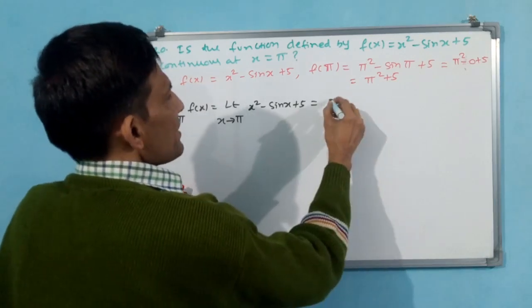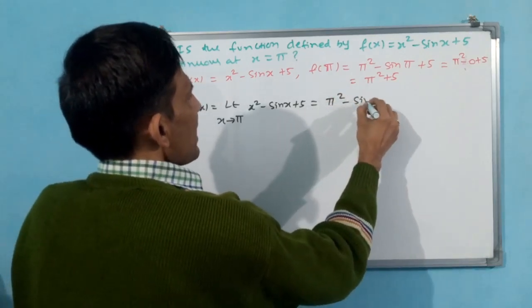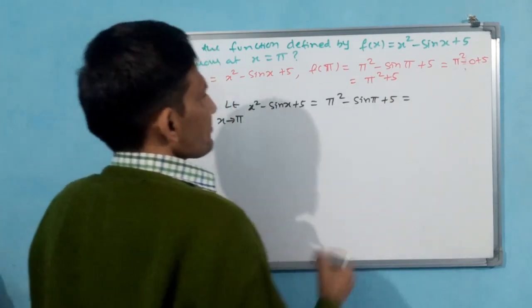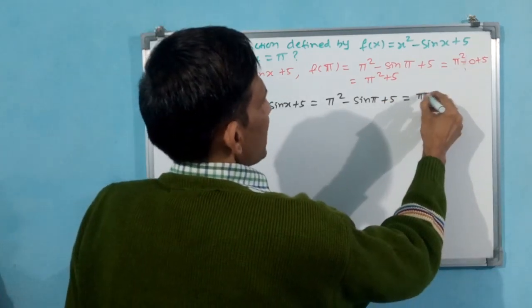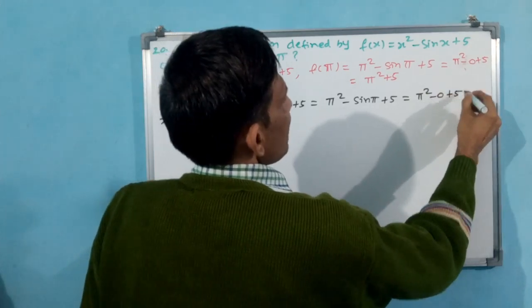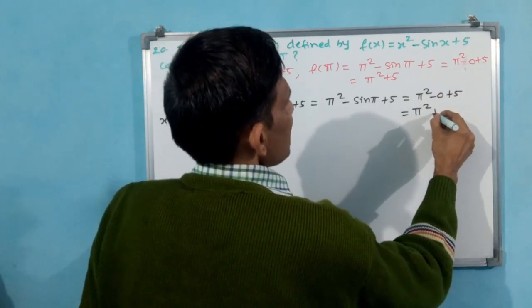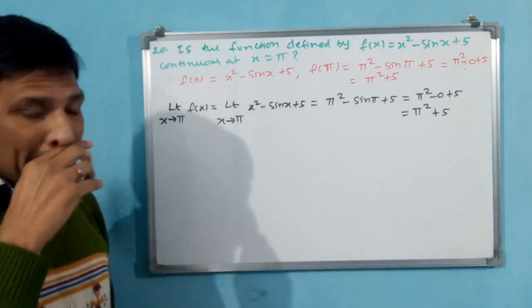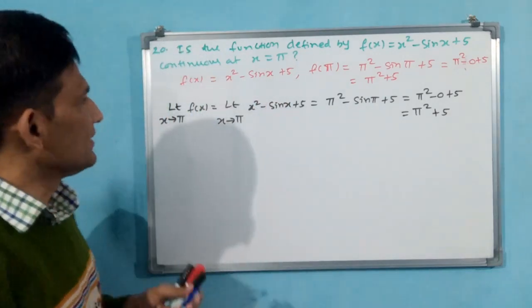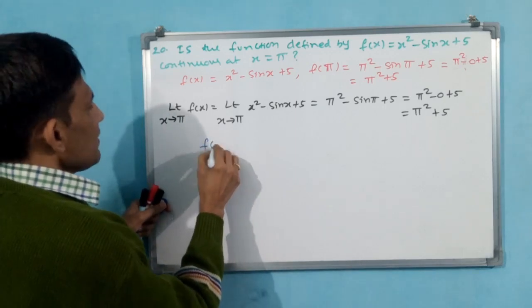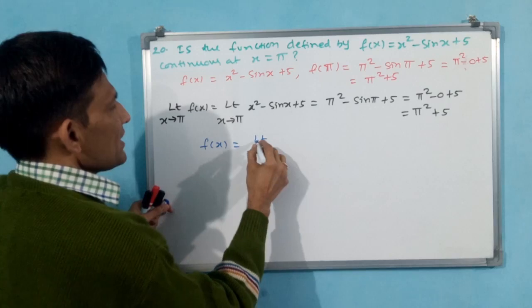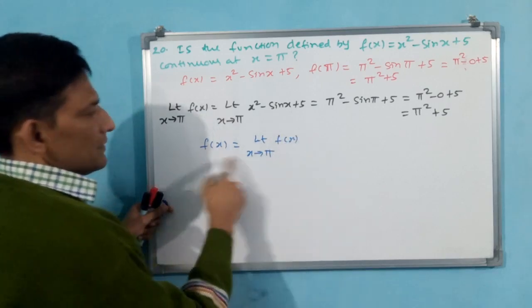If you apply the limit, that is pi square minus sin pi plus 5, pi square minus 0 plus 5, which is equal to pi square plus 5. We have to write it like this: f of x is equal to limit x tends to pi f of x.